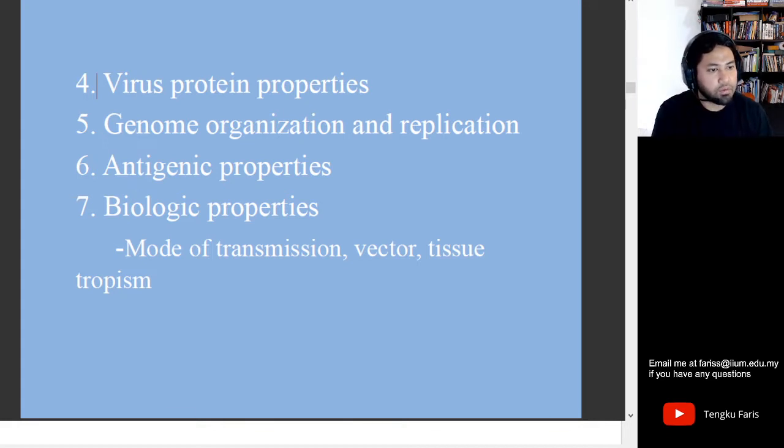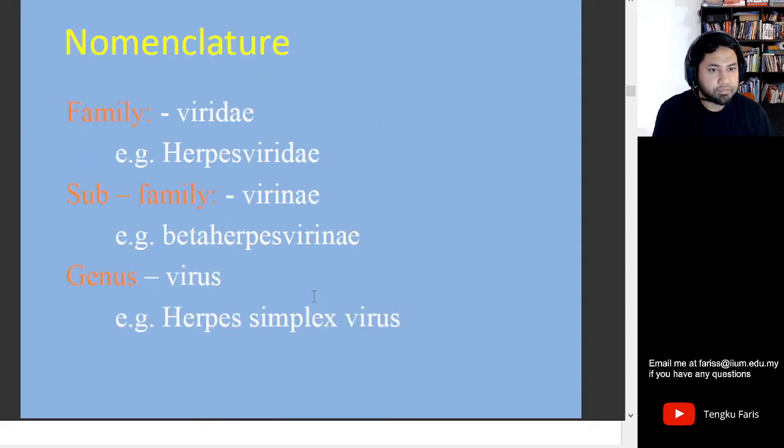If you talk about tissue tropism, it means the ability of the virus to productively infect the tissue. So this is the ability of the virus to cause any considerable disease or effect to the host cells. Nomenclature: how do we name them?